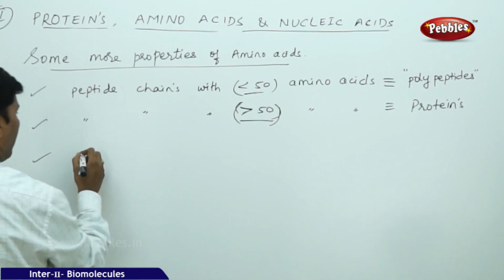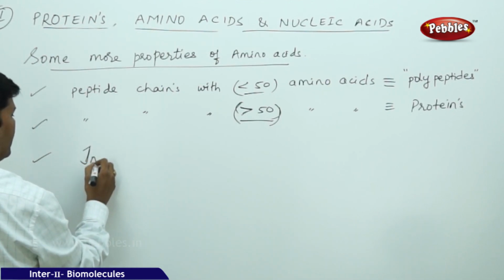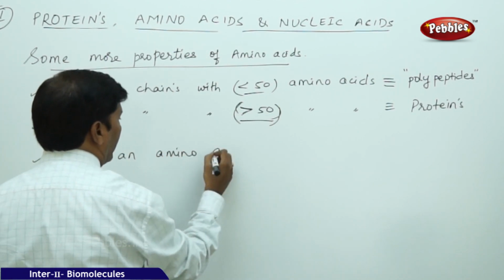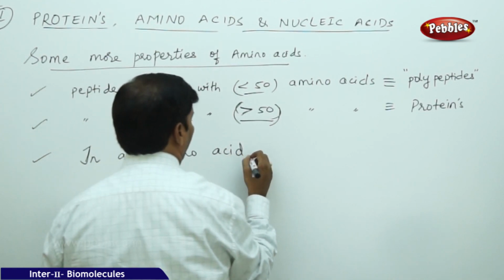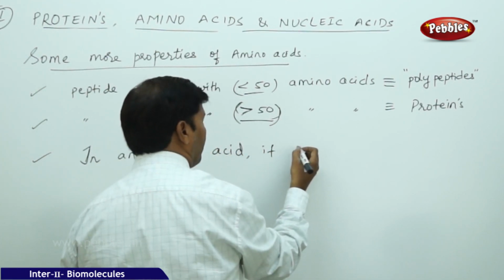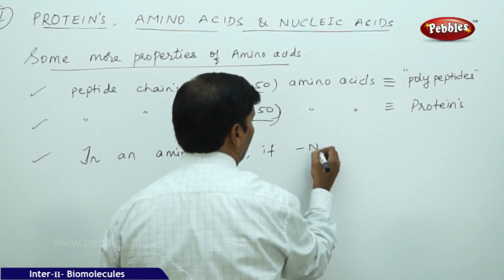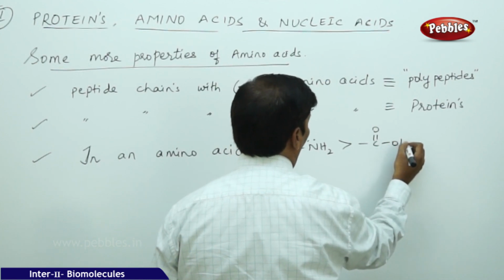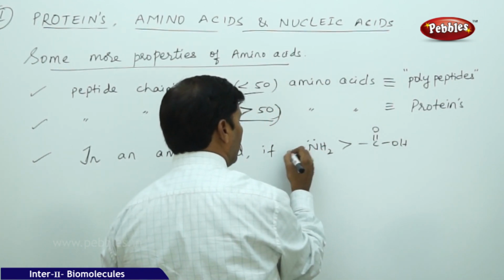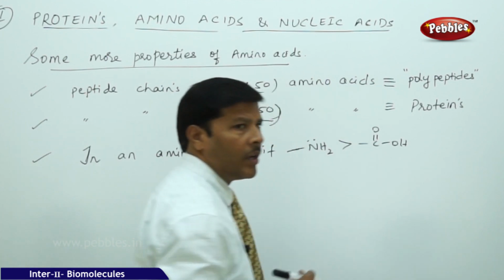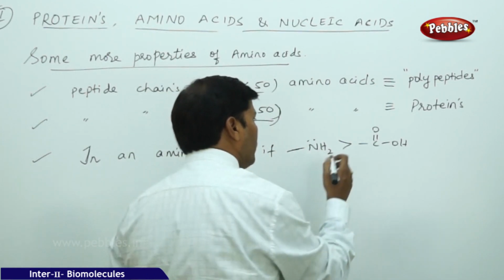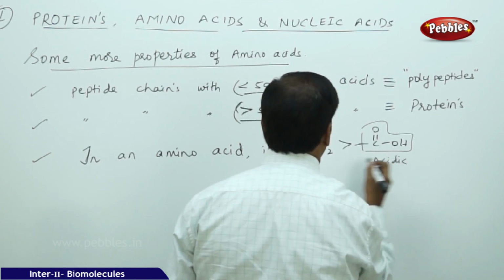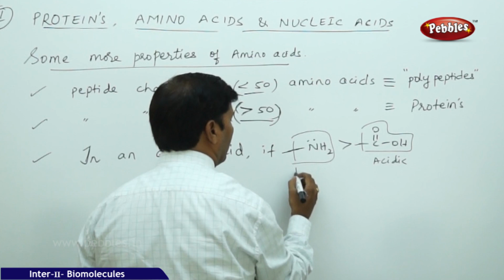Then, in an amino acid, if the NH2 group concentration is greater than the carboxyl group concentration, where NH2 is the primary amine and COOH is the carboxyl group, you know very well that the carboxyl is an acidic functional group and the amino group is the basic functional group.